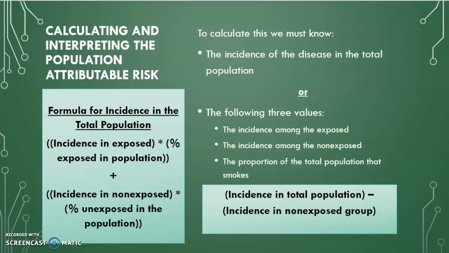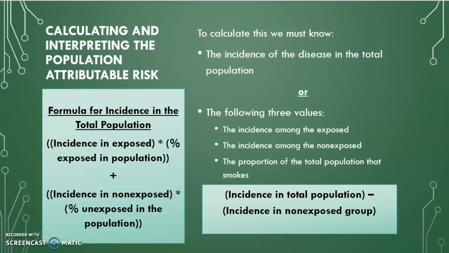So the formula for incidence in the total population would be the incidence in the exposed times the percent exposed in the population added to the incidence in the unexposed times the percent unexposed in the population. So what does this tell us?